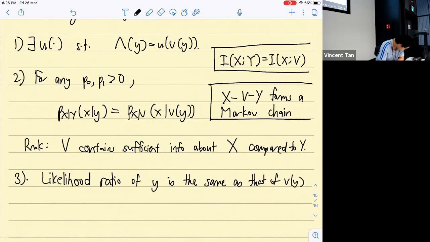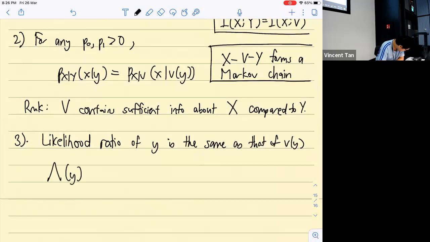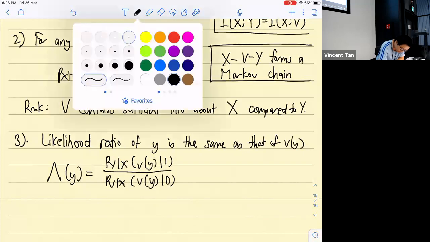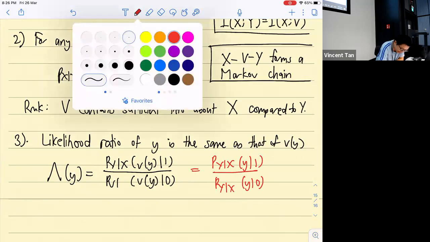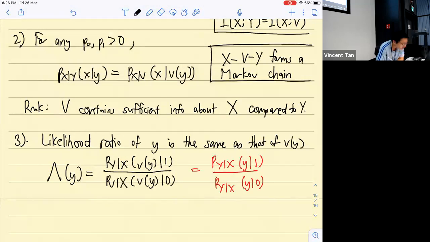In other words, lambda of y is equal to p of v given x, v(y) given 1 over p of v given x, v(y) given 0. So notice that originally the likelihood ratio was defined as p of y given x, y given 1 over p of y given x, y given 0. So the non-trivial part of this statement is that I can change the y to v.